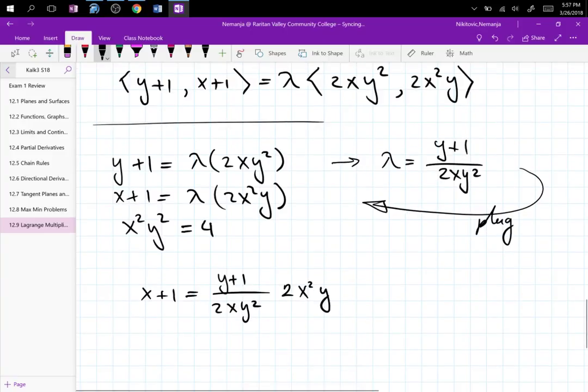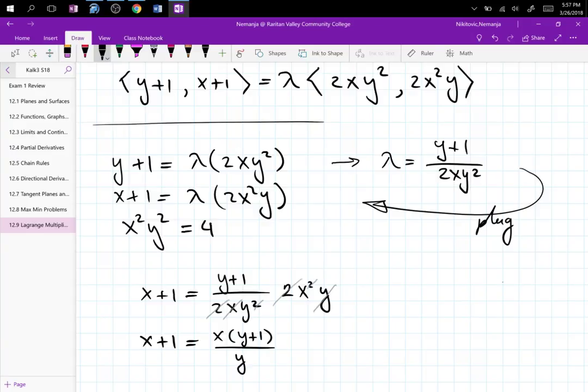A lot of stuff cancels here: the 2 cancels the 2, x cancels the square, the square cancels the y, and this equation now becomes x plus 1 equals x times y plus 1 divided by y.